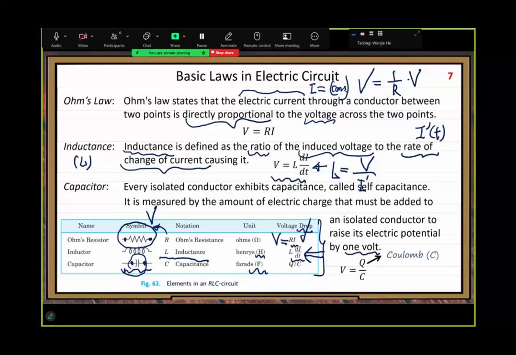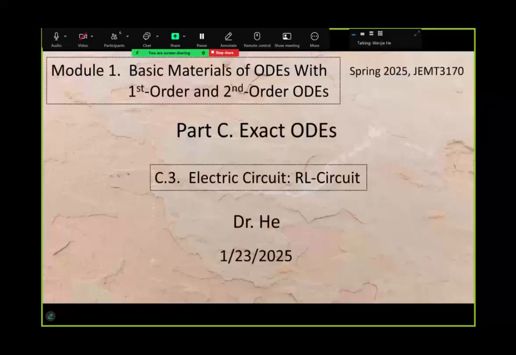One more thing: this quantity Q, the amount of electric charge, capital Q, we use the unit capital C, Coulomb. All right. So let's go to C.3.